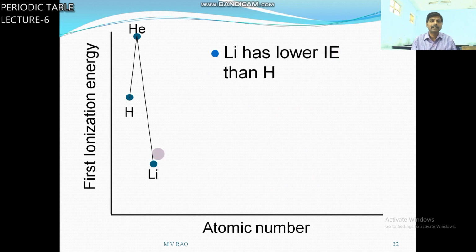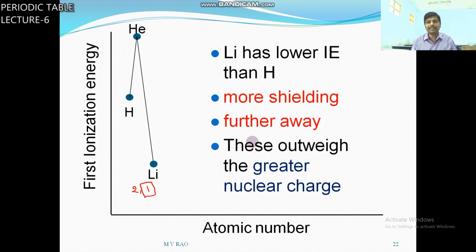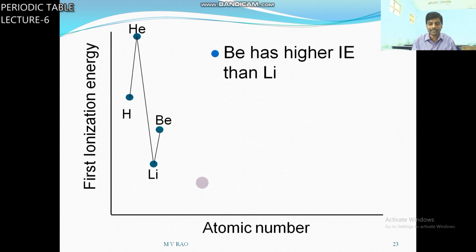Next, atomic number 3, that is lithium. Its configuration is 2,1. It is a second period element. More shielding effect will be there, so its IP value is low.